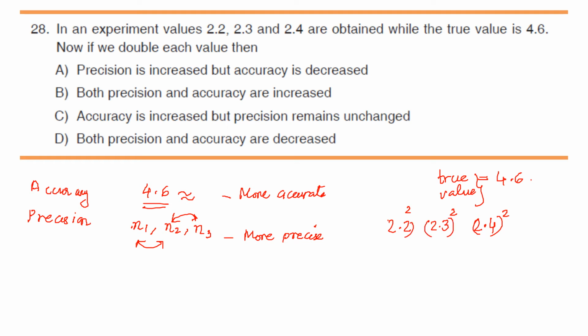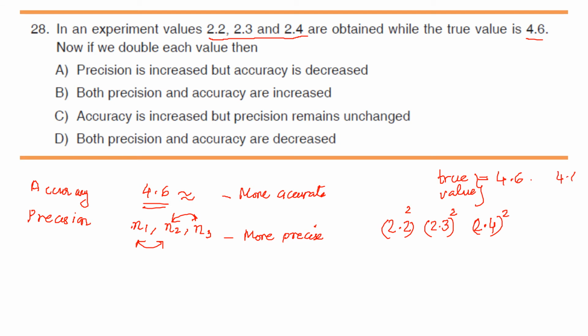Then you're asked to find out what happens to precision and accuracy. Actually, when you consider these observations, that is 2.2, 2.3 and 2.4 and the true value, you know that a method becomes more accurate when the observation is very much closer towards the true value. So normally you can see that all the three observations show a very large deviation from the true value.